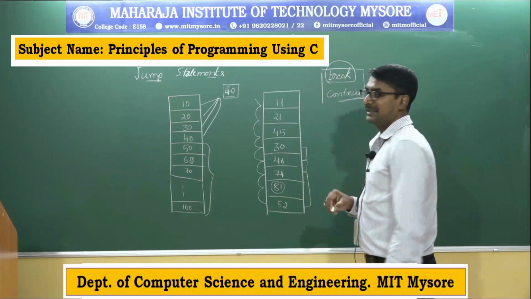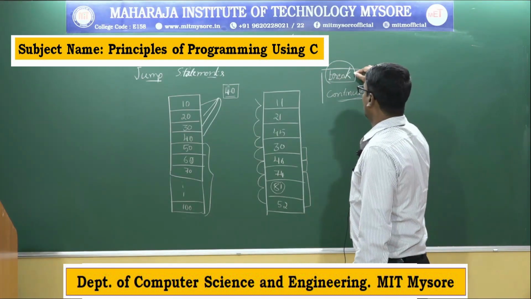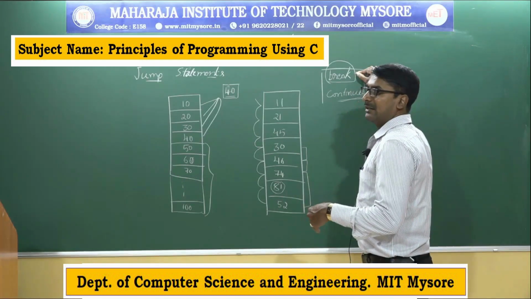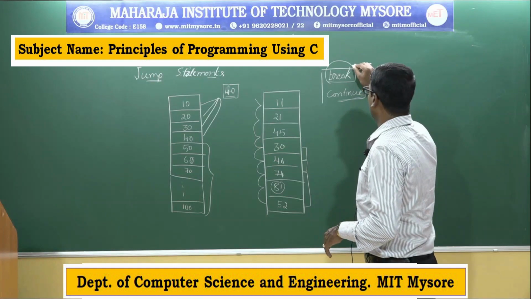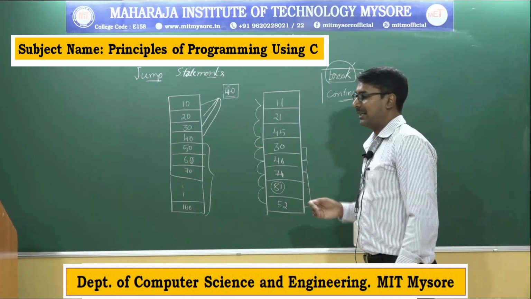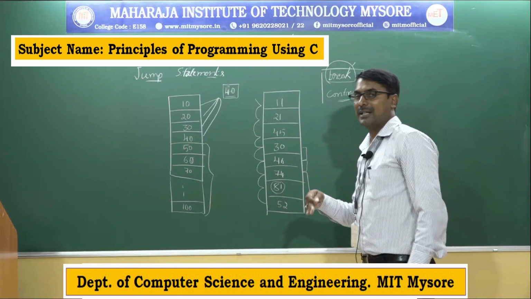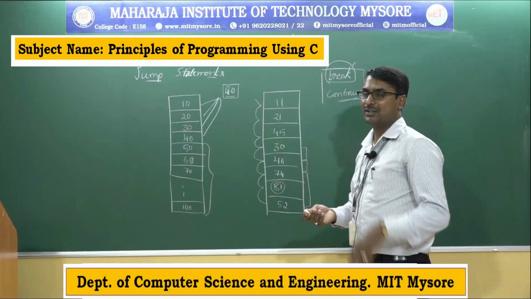We use the break statement in the switch statement. In order to terminate the switch statement, we use a statement called break. Once we use the break statement inside the switch statement, it will terminate the switch statement. So the control will come out from the switch statement.